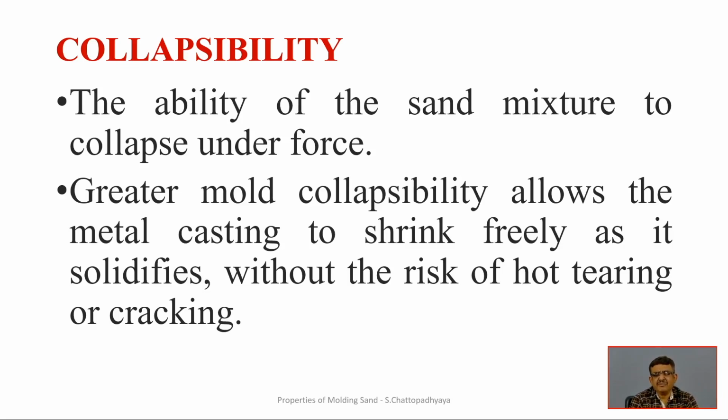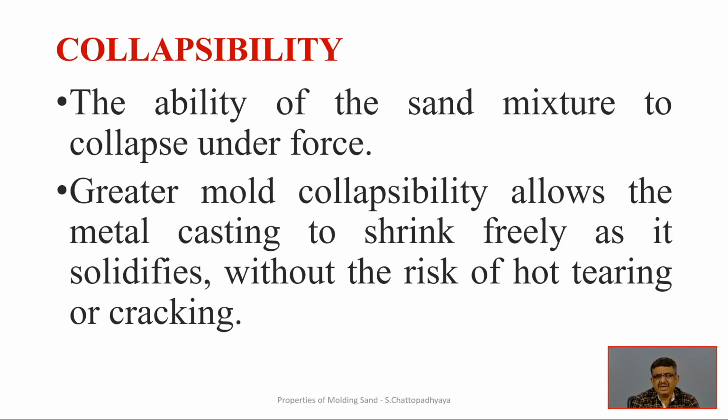Collapsibility means that whenever the casting job is over, then with just hammering with mallets or other things, those sand molds have to be broken, so that the core patterns and other things can be retrieved. The full pattern has to be retrieved from the flask of sand, and that is only possible where it can be collapsed very, very easily.